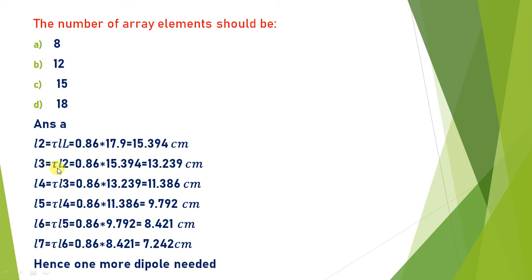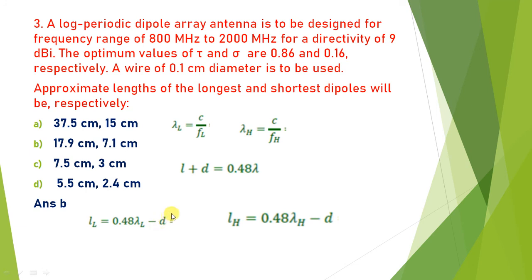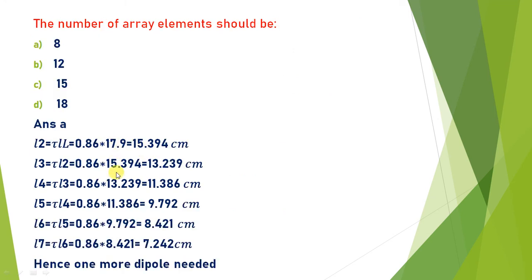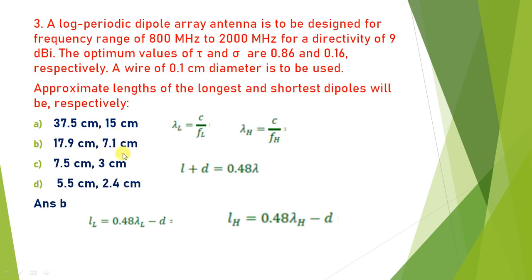Again, L3 is equal to tau times L2. Similarly you can calculate. Up to what extent do you have to calculate? You have to calculate up to the value which is less than LH. LH means 7.1. You have to repeat this procedure until you get a length that is less than 7.1.